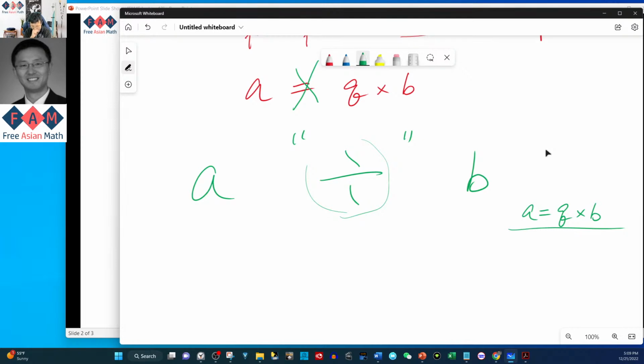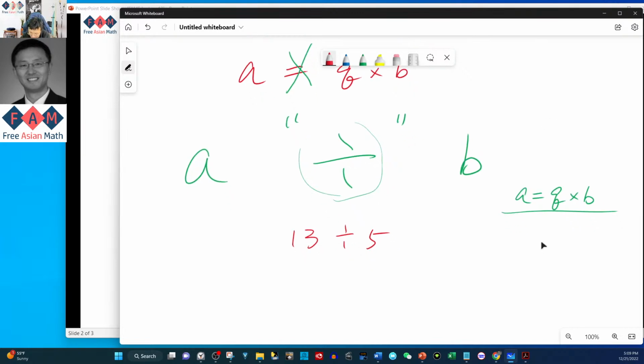Okay, so what is division with remainder? Well, we will have to see why we need it in the first place. Remember the example we just used? 13 divided by 5. What happened? Well, we tried the way we use for a perfect division. So we subtract 5 from 13, we get 8.